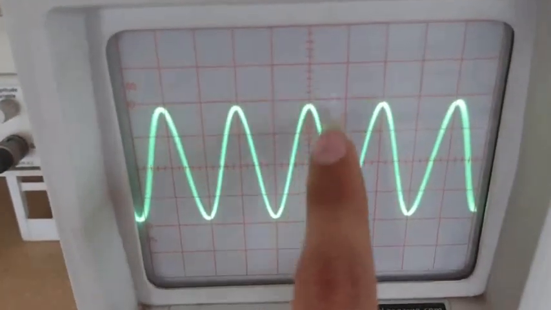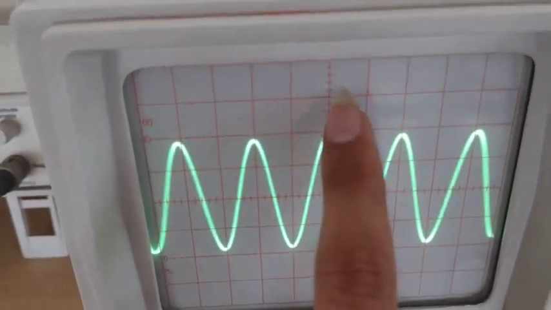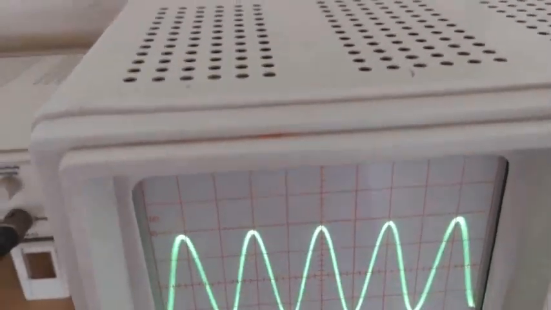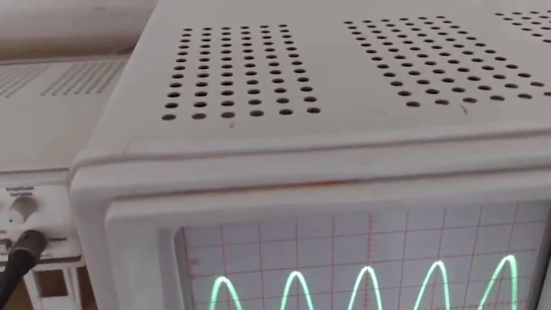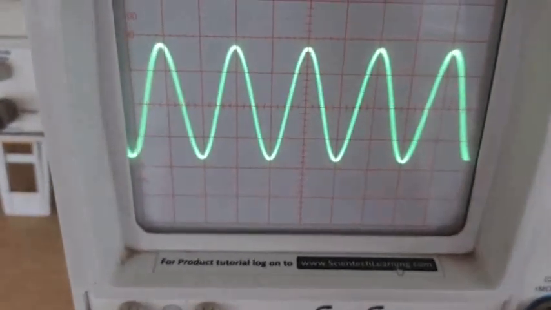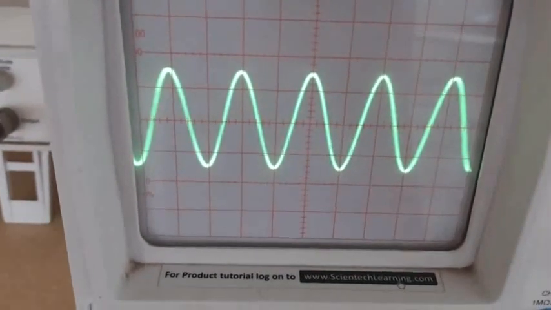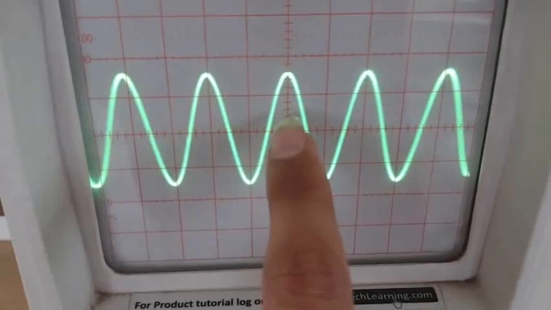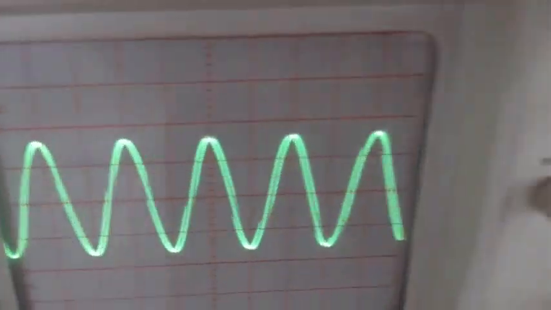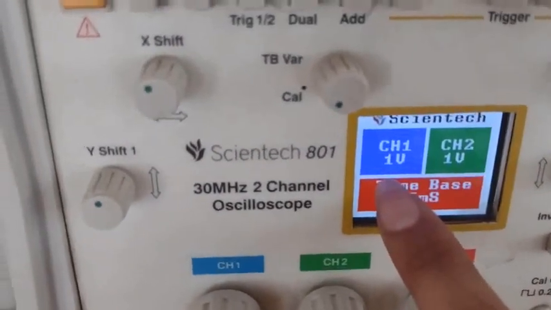Measurement of peak value. The CRO screen consists of 8 divisions, meaning 8 squares. Set the waveform to the central position. Here the waveform covers 8 vertical divisions and the reading on volt per division is 1 volt.